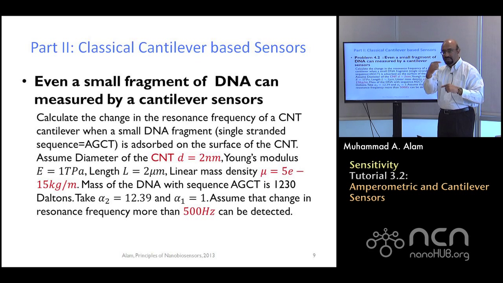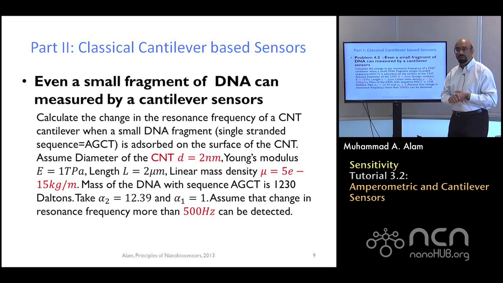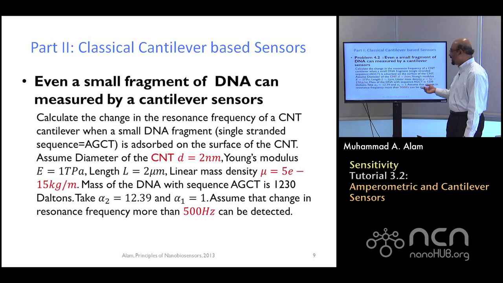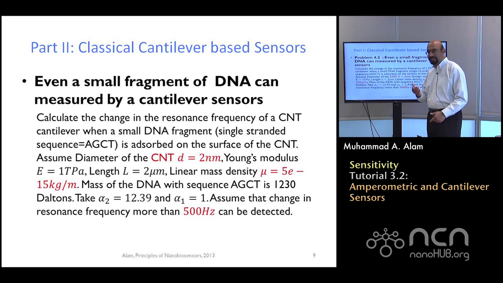Again, it's a cylinder, so it is a considerably smaller cantilever. And in that case, we may be able to measure something that we couldn't measure even with this silicon-based cantilever. So this diameter is 2 nanometer. Let's say the length is about 2 micron, very similar to the silicon cantilever.